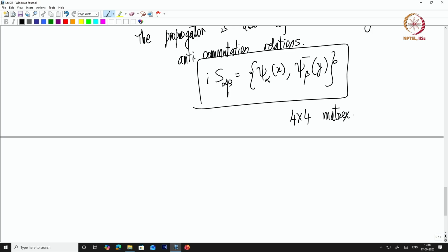So this is essentially a 4 by 4 matrix. So 4 times 1 times 1 times 4. So it's a 4 by 4 matrix. And let's calculate it, and we will see what it is. See, this is S. Now I want you to distinguish between S_F and S. Essentially, there is no time ordering here as of now.